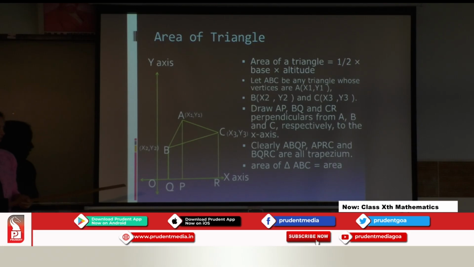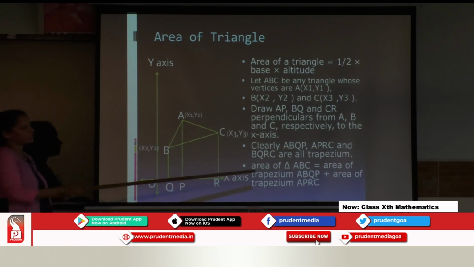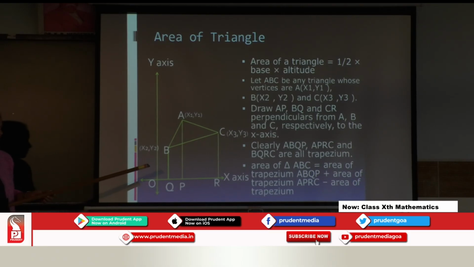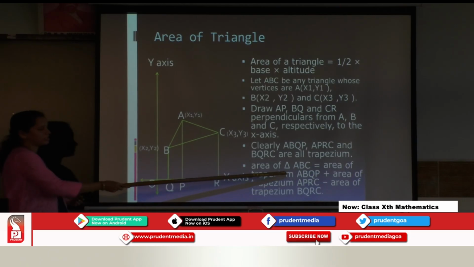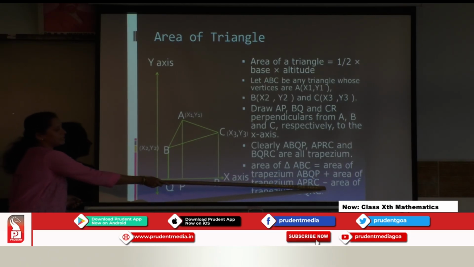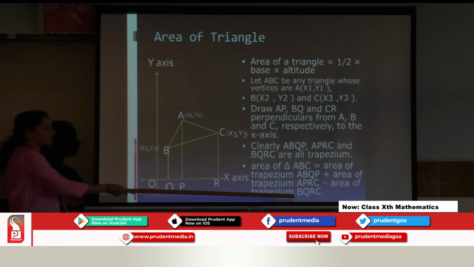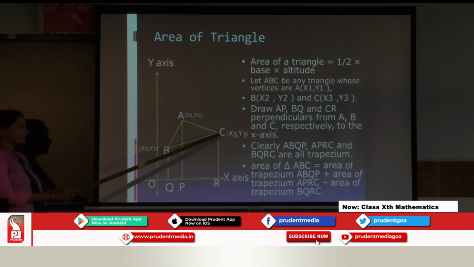So clearly ABQP, APRC and BQRC are all trapeziums. Area of the triangle ABC is equal to area of the trapezium ABQP plus area of the trapezium APRC minus area of the trapezium BQRC.